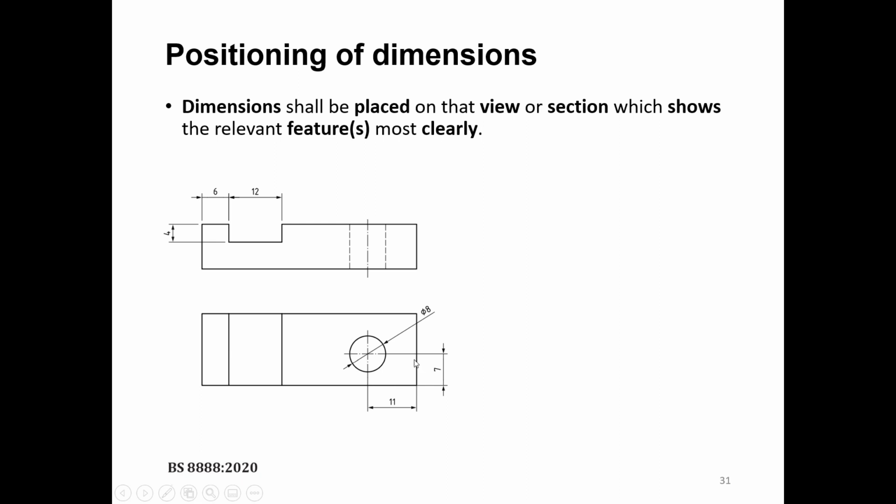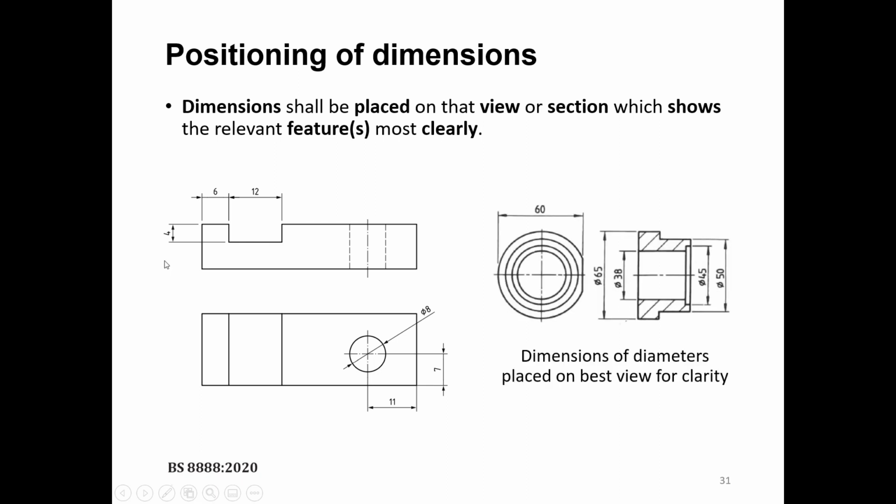So it's more clear if you add the dimensions for the hole on this view, not on this view. Also, the width of this slot, this cutout, can be more clearly placed on this view rather than on this view. The 6 millimeter height as well is easier and clearer if you add it to this view.